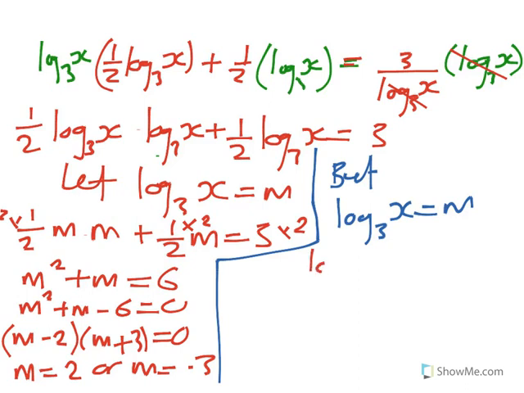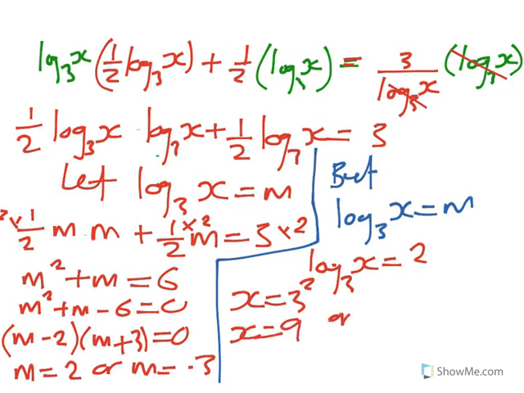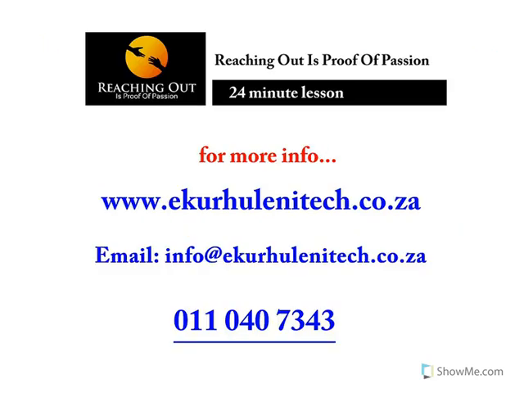This means log base 3 of x is equal to 2. That's one of them. So x is equal to 3 to the power 2, x is equal to 9, or log base 3 of x is equal to minus 3, x is equal to 3 to the power minus 3, which is equal to 1 over 27. So this is how you would have solved it. You can prove it to the original, it will give you the answer.